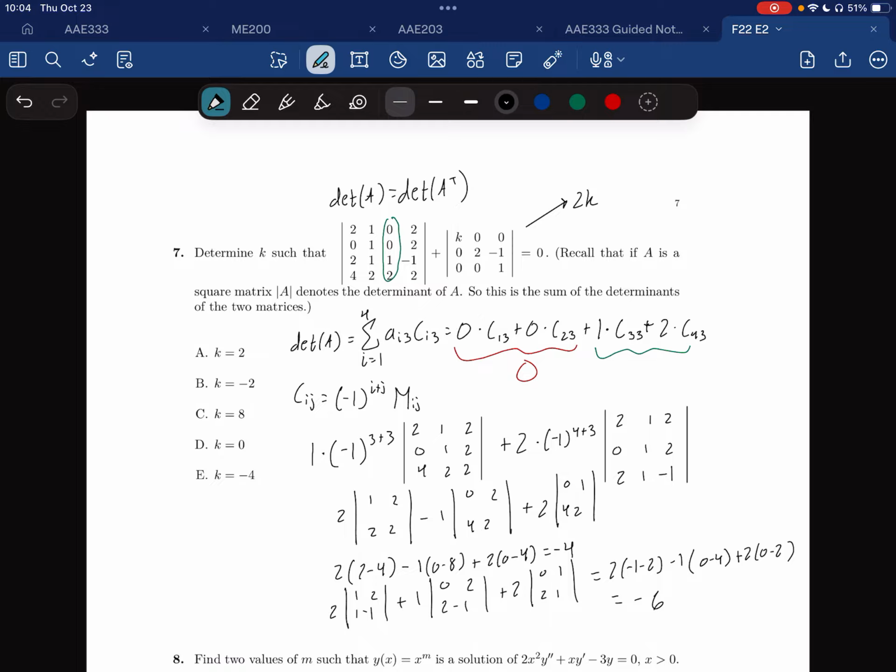So the determinant of A comes out to be 8 when you add these together appropriately.